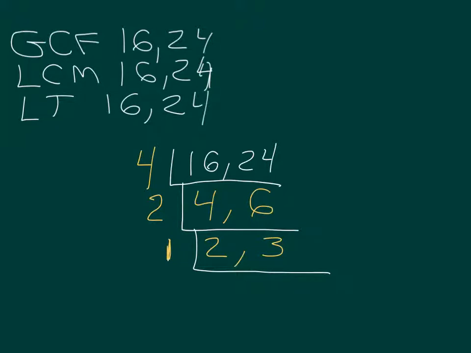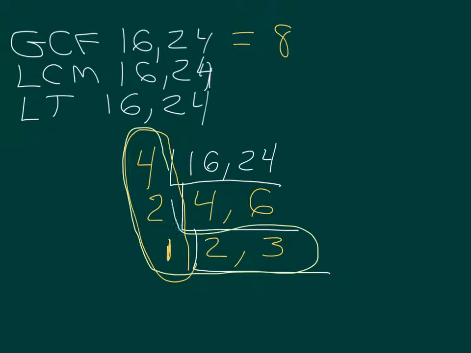So now let's find out what is the GCF. The GCF, remember, is if we take these outside numbers and multiply them together. 4 times 2 is 8, times 1 is 8. So the GCF of 16 and 24 is 8. The LCM, now that one, remember, we make the L. We grab the 4, the 2, the 1, and then these 2 and 3 down here.